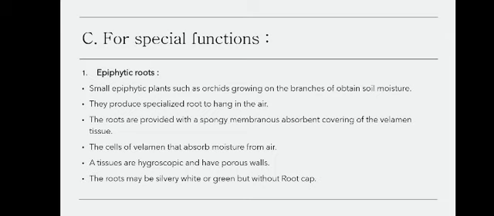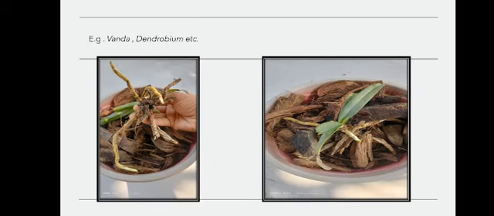The roots may be silvery white or green but without a root cap. Here is an example, Vanda or Dendrobium. This is an orchid plant. You can observe the roots here, and here is the total plant.